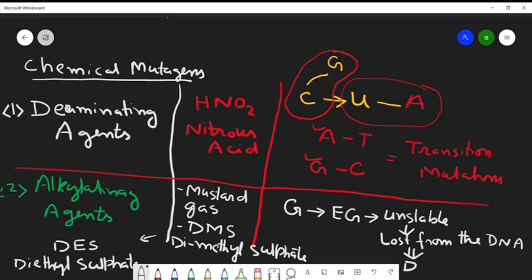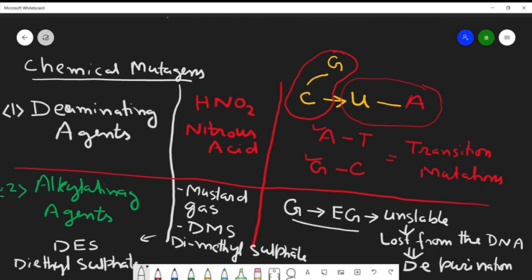What is depurination? Depurination is the phenomenon of losing purines from the DNA. So when purines are lost, we say that the DNA has undergone depurination, and this results in the deletion of a nitrogenous base, which can result in the type of mutation called frame shift mutation.